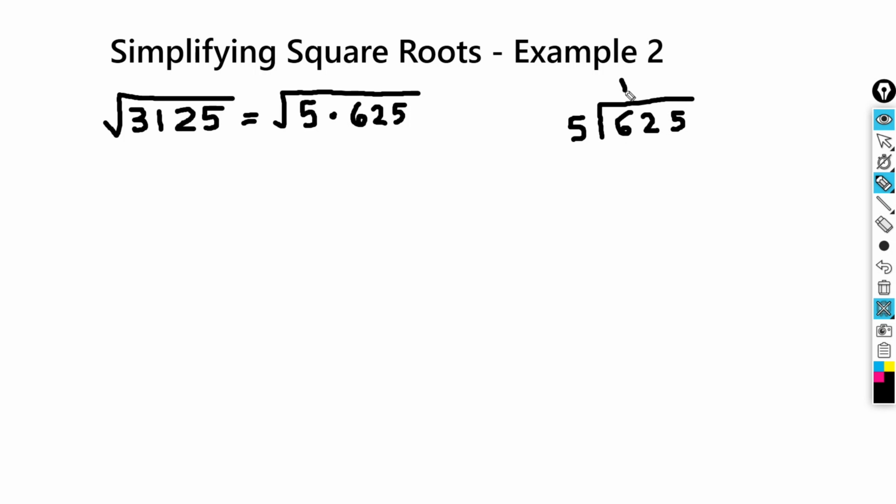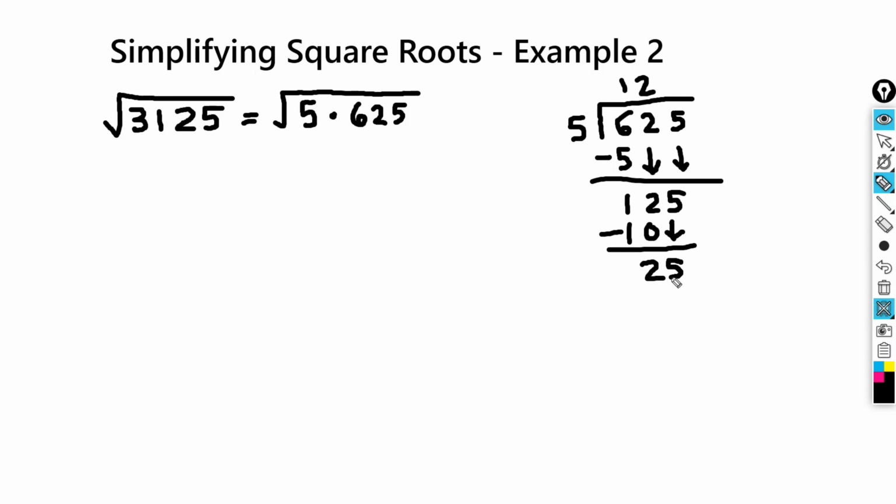So 5 goes into 6 once. 6 minus 5 is 1. Bring down the 2. Bring down the 5. 5 goes into 12 twice. 12 minus 10 is 2. Bring down the 5. And 5 goes into 25 5 times. And again, there's no remainder here.